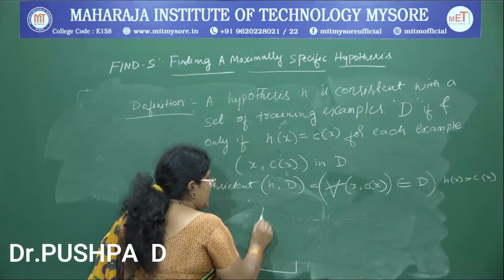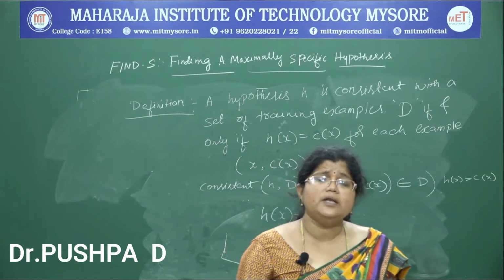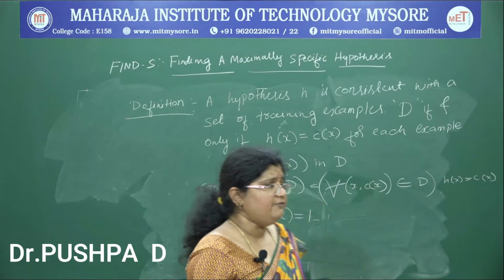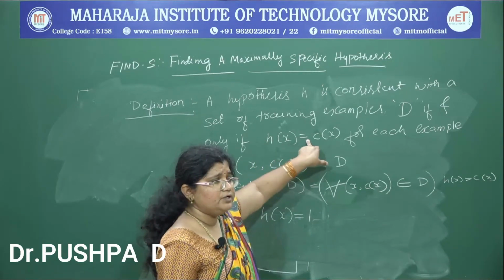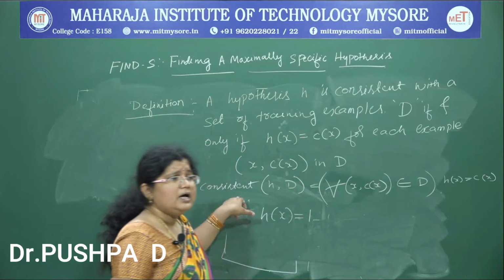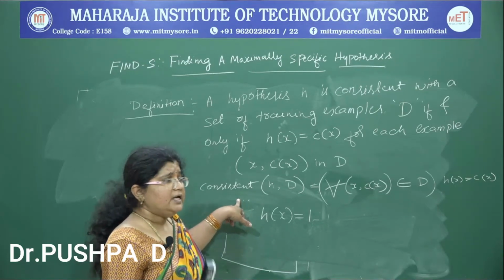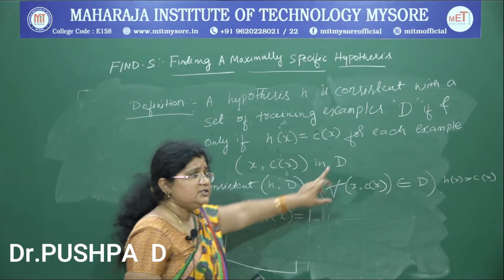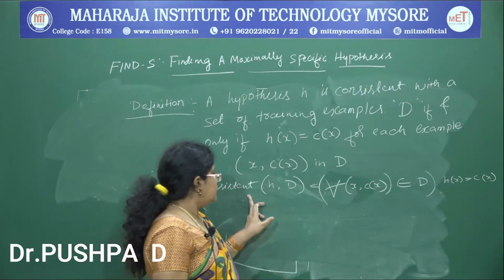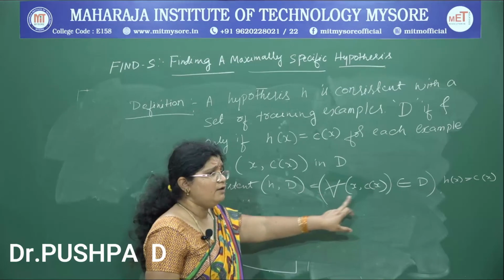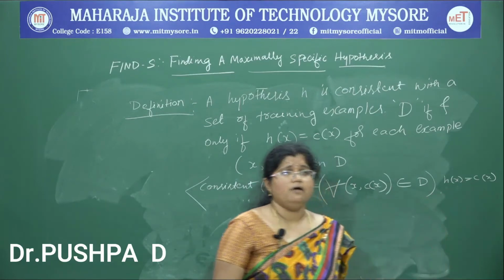So, if h of x is equal to 1, whether for a positive training example or a negative training example, then h of x is equal to c of x, and it is consistent with the training example in a given data set D. Symbolically, we represent this as consistent h comma D is equal to, for all x comma c of x belongs to capital D, where h of x is equal to c of x.